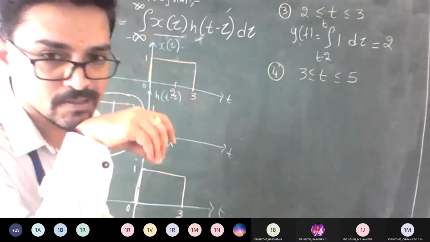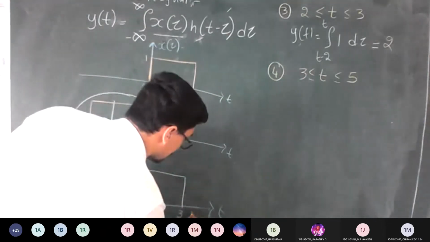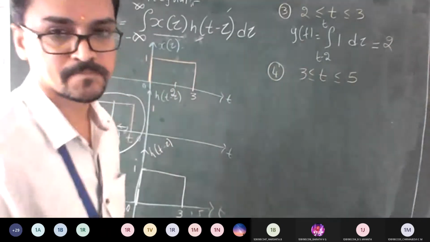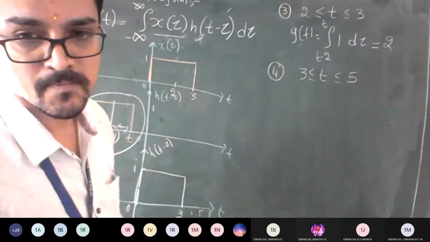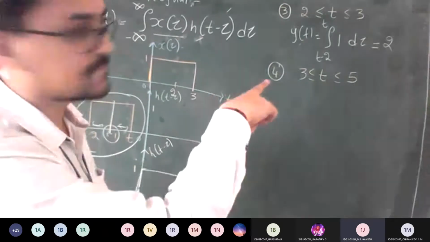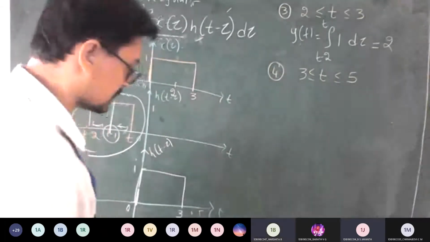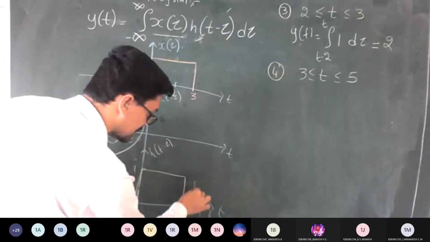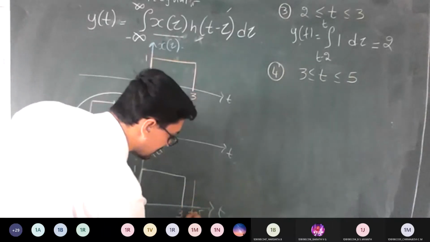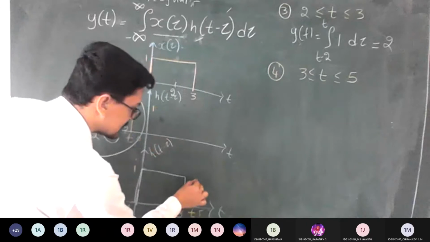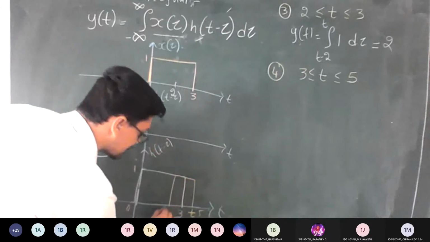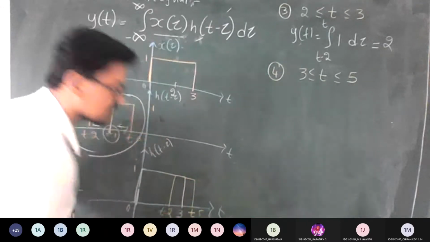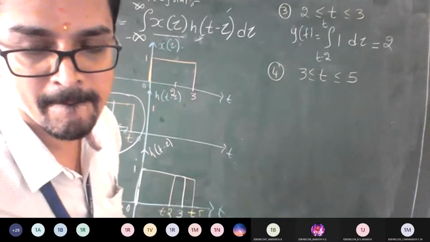Now you told me it should be between where and where? Between 3 and 5. So assume that it is like this. If I take t between 3 and 5, then obviously my t minus 2 will come here. Yes or no? Yes, sir.